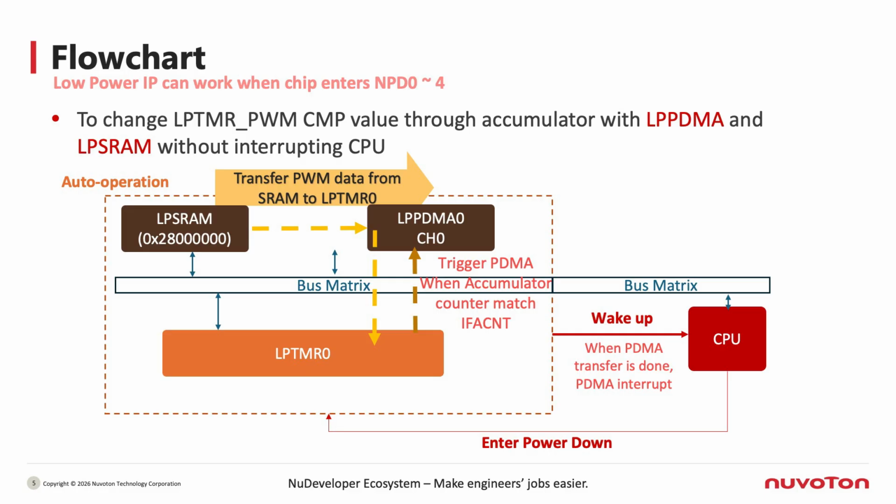The timer automatically adjusts the PWM duty cycle according to these compare values, creating a breathing LED effect. Finally, when the PDMA transfer is complete, an interrupt wakes up the CPU. The entire process is mostly handled by hardware, allowing the system to achieve true low-power operation.